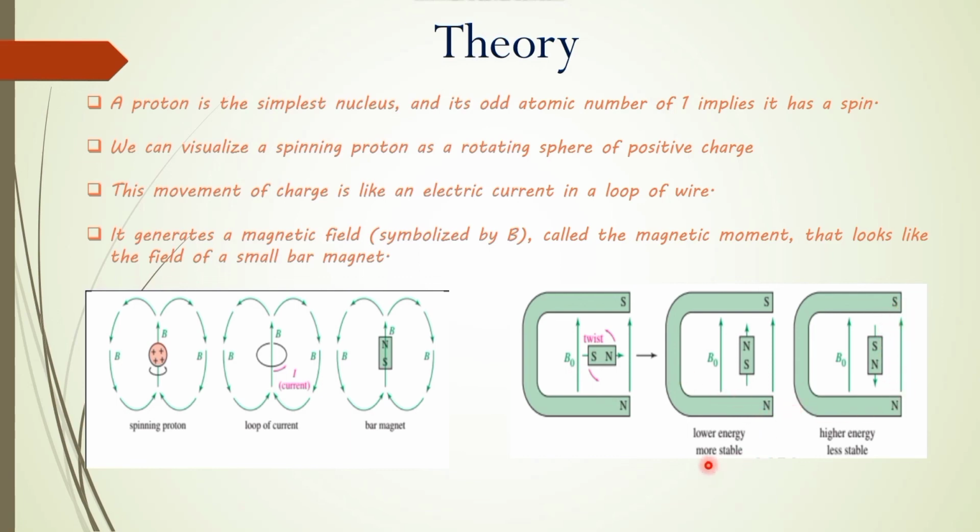So this has the lowest energy, and it is the most stable, and this is the opposite, has the highest energy and it is unstable. In a similar way, when we place a nucleus in a magnetic field, it also behaves in a similar way. Either it can align itself with the magnetic field, or it can oppose the applied magnetic field.